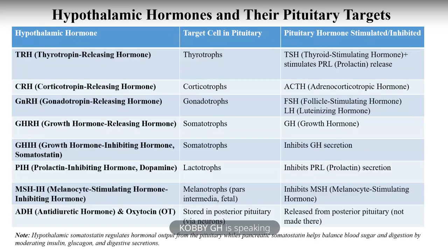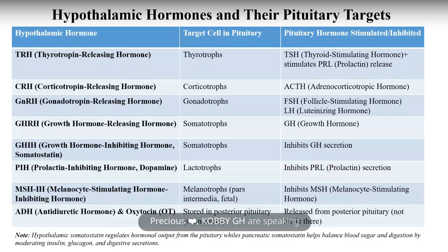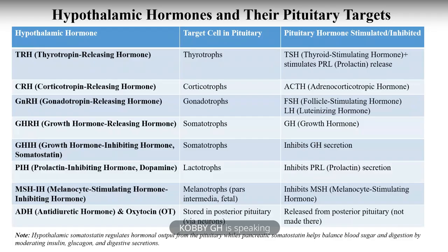The same hypothalamus produces the melanocyte stimulating inhibiting hormone. It goes to the anterior pituitary, meets the thyrotrophs, corticotrophs, gonadotrophs, and somatotrophs, and then reaches the melanotrophs.